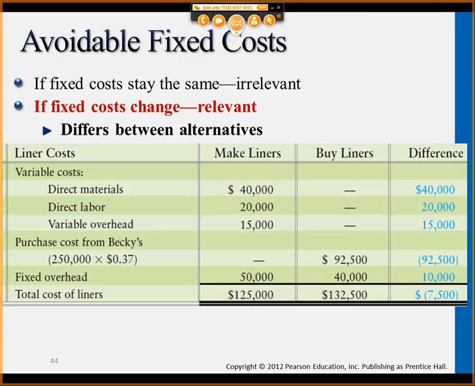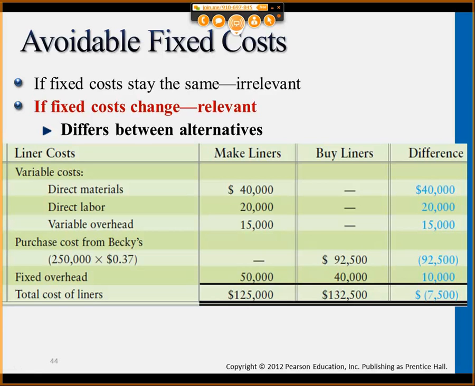Okay, so the company's fixed costs are irrelevant. We're going to continue to have this $50,000 on our books either way, doesn't matter. What else do we have? The variable cost of the liners. What does it mean by liners?